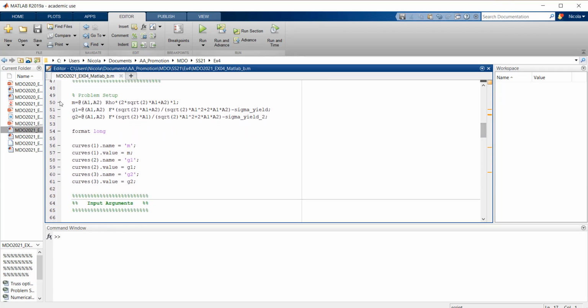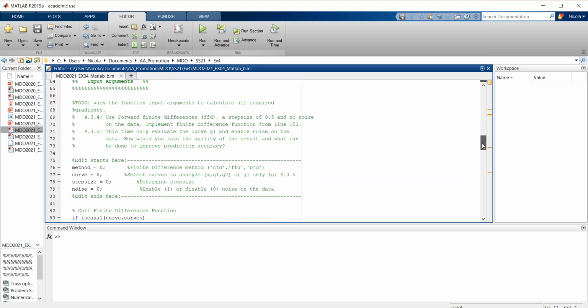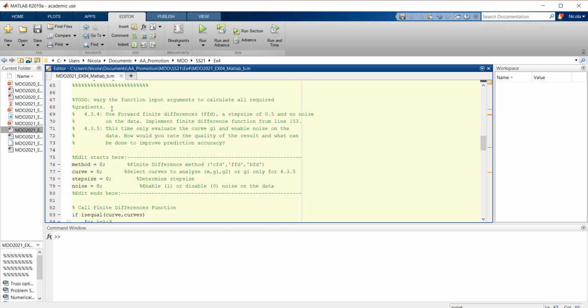Then we got our objective function, we got our two active constraint functions, and then the to-do starts. So for 3.4 we have to use the forward finite differences to approximate the gradient, use a step size of 0.5 and no noise, and we also have to implement the finite difference function.